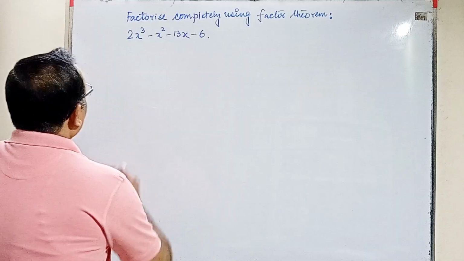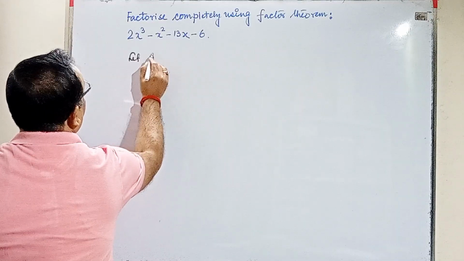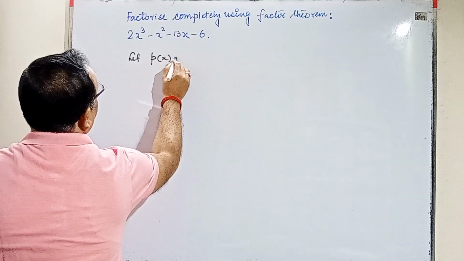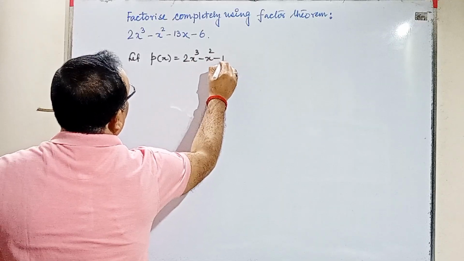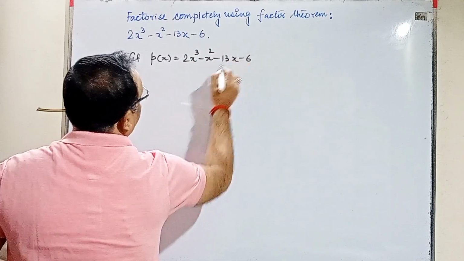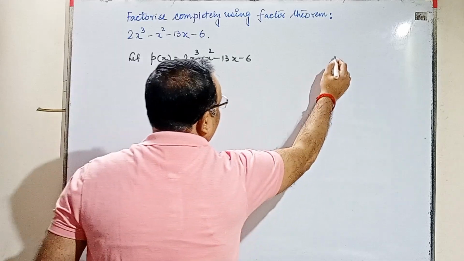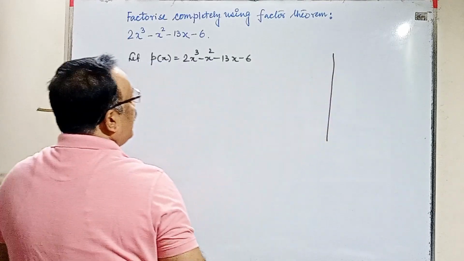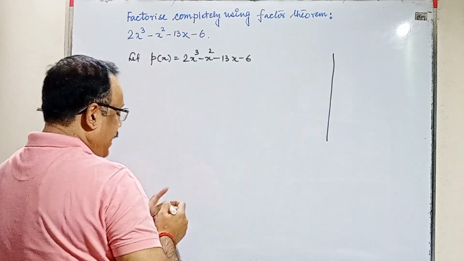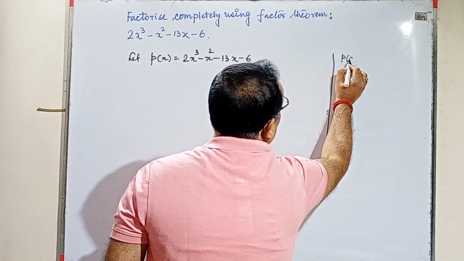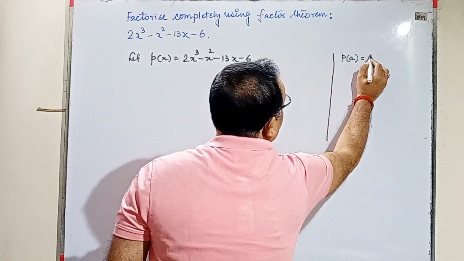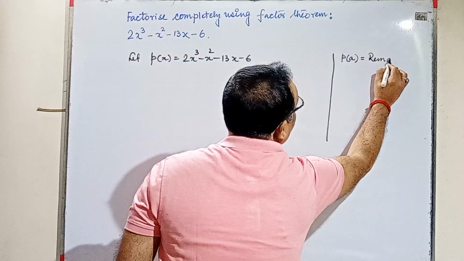Let us consider P(x) as the polynomial: P(x) is equal to 2x cube minus x square minus 13x minus 6. We know that if I replace x by any value, say a, then P(a) gives the remainder of the polynomial.